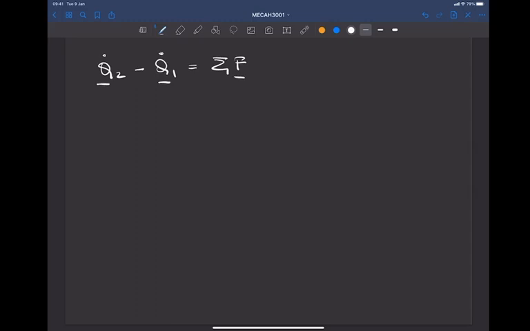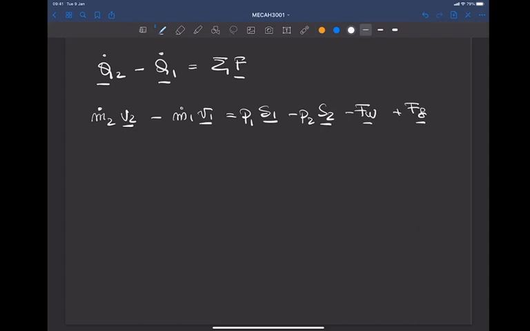Okay, so let's express that further. So I have M2 V2 minus M1 V1. This is equal to P1 S1 minus P2 S2 minus Fw, forces on the wall, plus gravity and other volume forces.